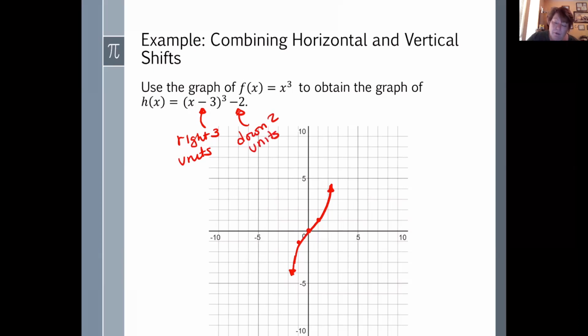So I move to the right 3 units, 1, 2, 3, and I move down 2, 1, 2. So it looks something like this. To the right 3 and down 2.